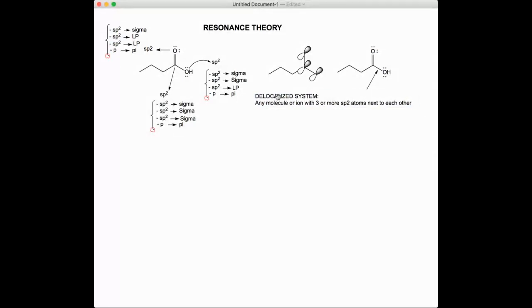So you're going to call any molecule or ion having three or more sp2 atoms next to one another a delocalized system.